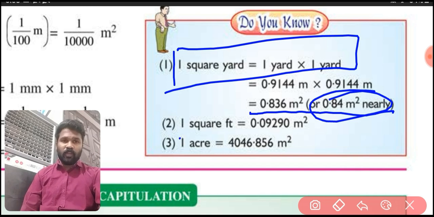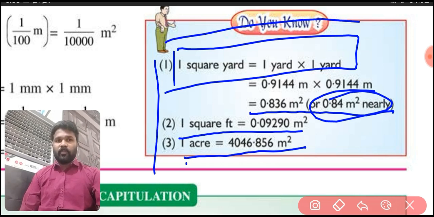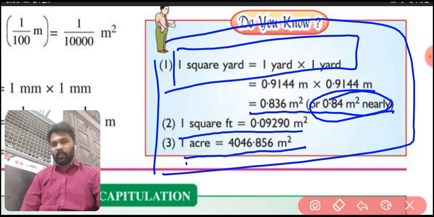And also 1 square feet is equal to 0.09290 meter square. 1 acre is equal to 4046.856 meter square. Okay, these are extra points you should know, for extra knowledge.